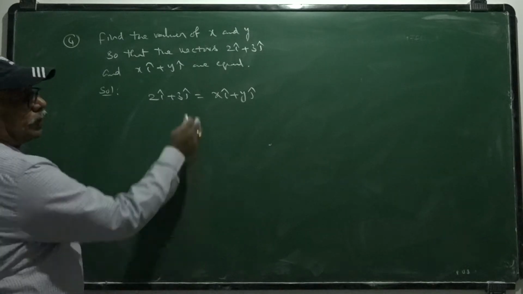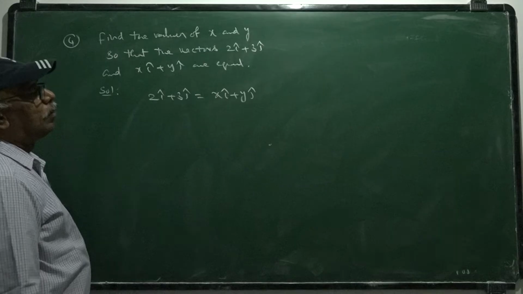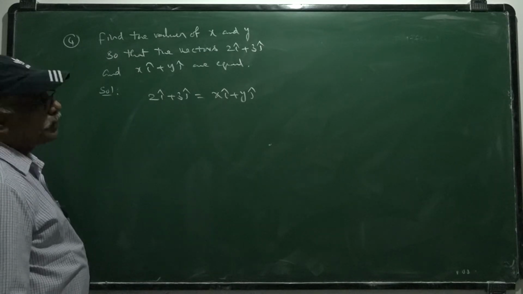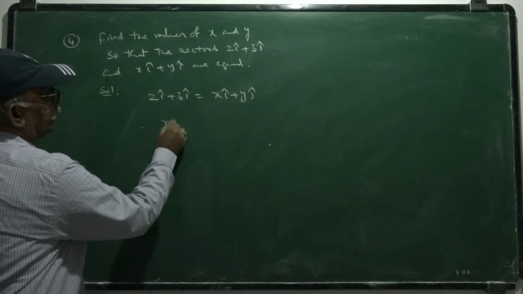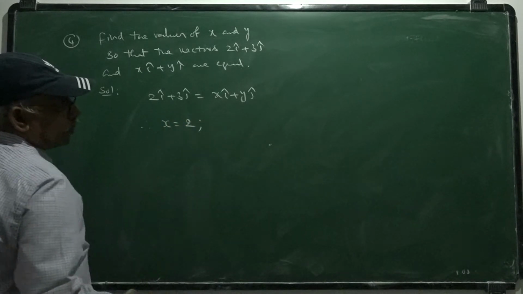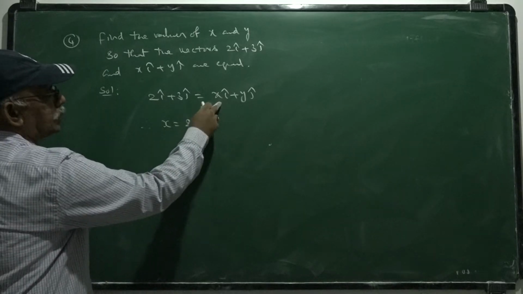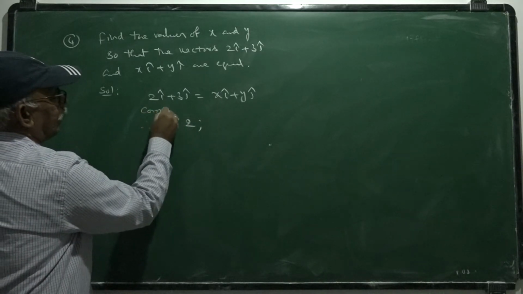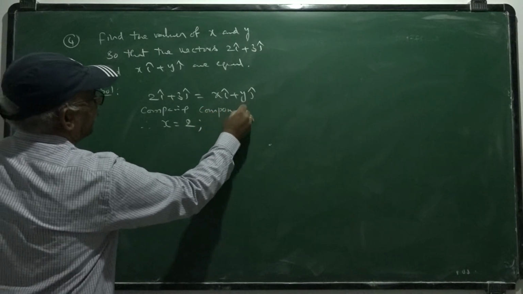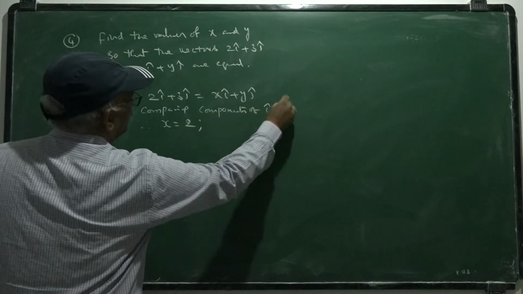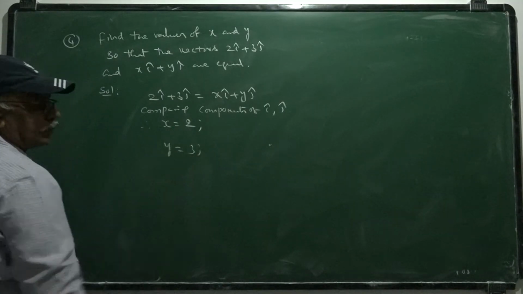Two vectors are equal whenever the components along the coordinate axes, that means the components of ijk, are equal. So, comparing the components of i, j, we get x equal to 2, y equal to 3.